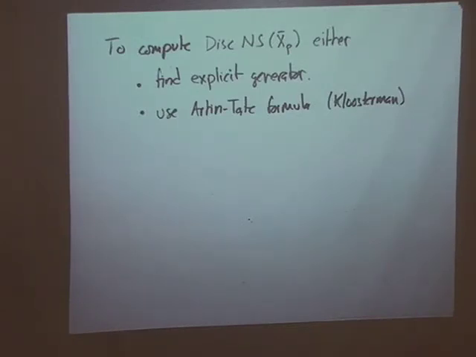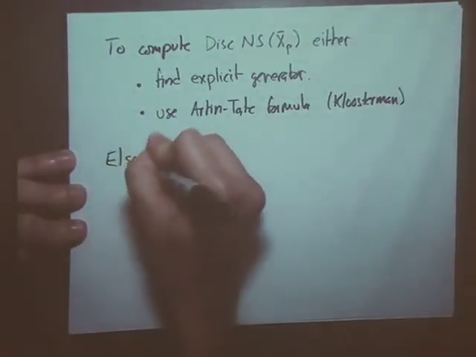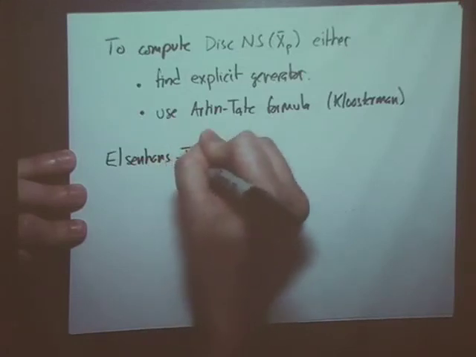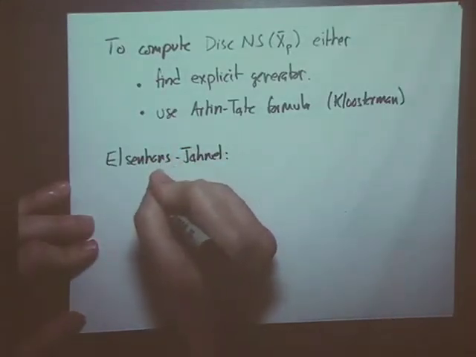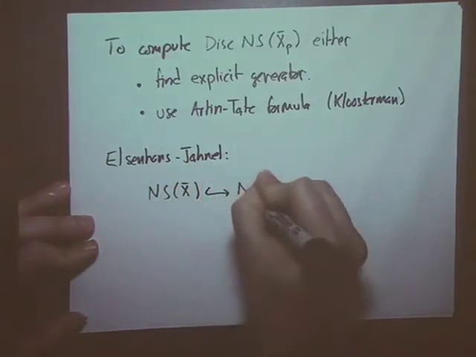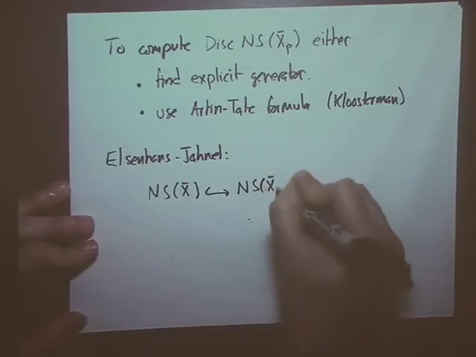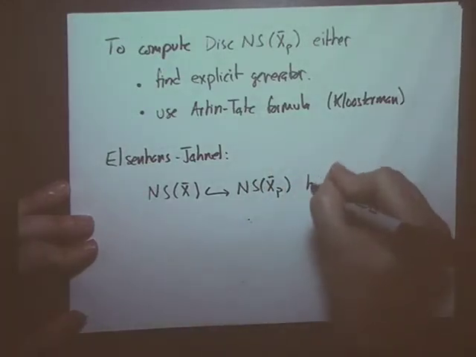Let me say that there's an improvement by Elsenhans and Jahnel on this technique that's actually quite nice. If you look at this map, this injection that we had seen before coming from specialization, it has torsion-free cokernel.